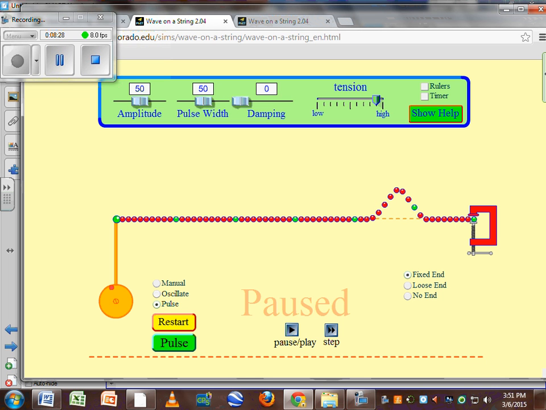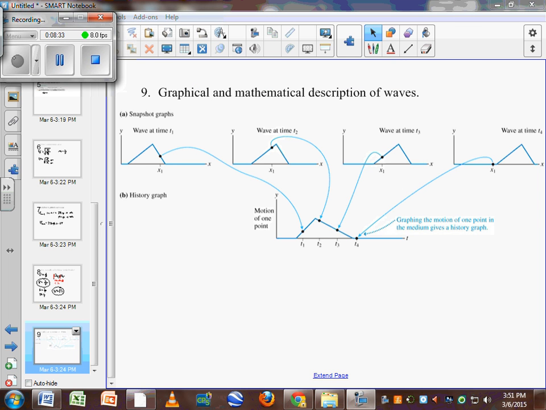Well, we're going to look at the same thing in this section, where we have this pulse traveling from left to right. So it's traveling along, and what we're specifically going to look at is what's going on with this point here. This wave travels, and what a wave is really is just a transfer of energy. A wave is just allowing energy to transfer from one point to another. It doesn't transfer the material, it transfers the energy.